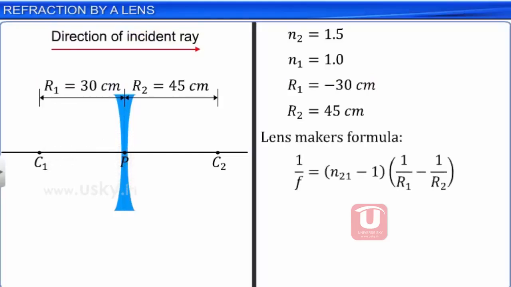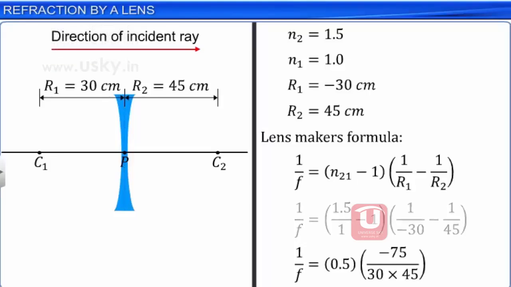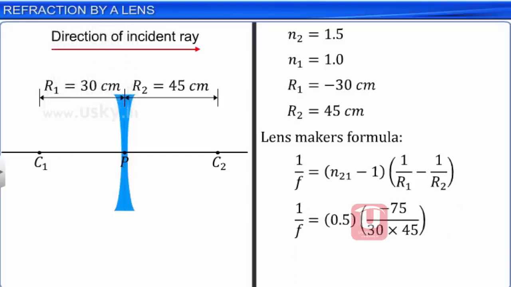What happens if the lens is placed in a liquid of refractive index 1.75? Now, n1 is equal to 1.75 and all other values remain same.